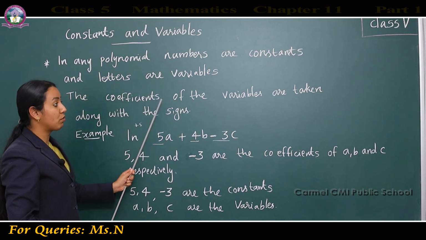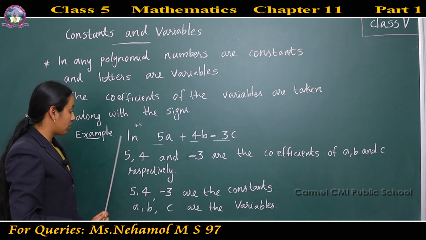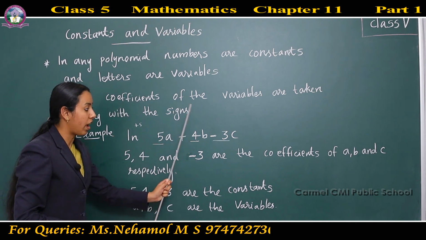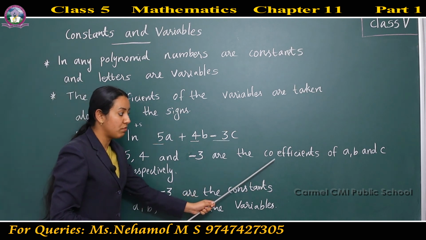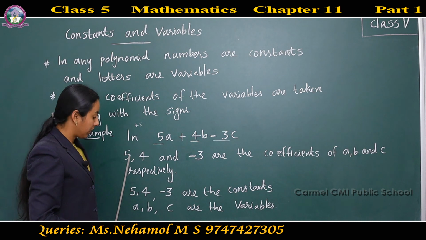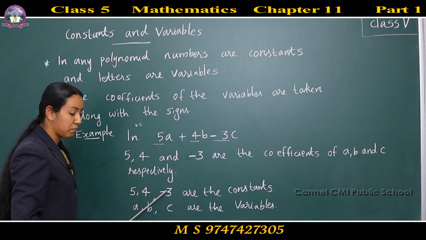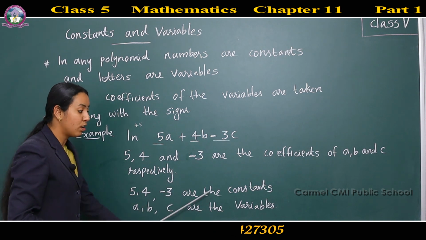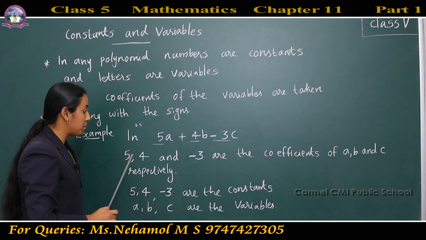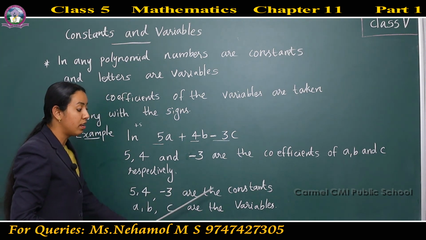The coefficients of the variables are taken along with the signs. So here 5, 4 and minus 3 are the coefficients of a, b and c respectively. Then which are the constant terms? 5, 4 and minus 3 are the constants, and which are the variables? a, b and c are the variables.